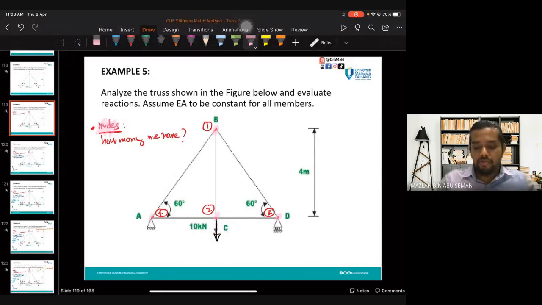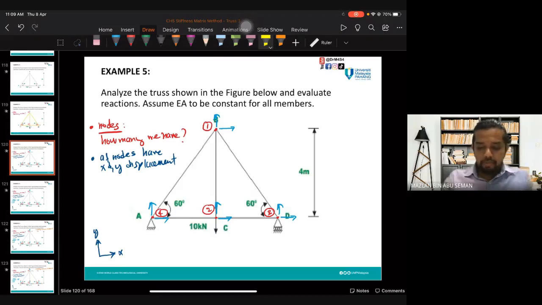That means we have 4 nodes. That's the numbering for your nodes. It doesn't matter which way you do the numbering for nodes. And then from these nodes, you know how many members you have: 1, 2, 3, 4, 5. So you have 5 members. You should be able to identify your nodes and how many members.